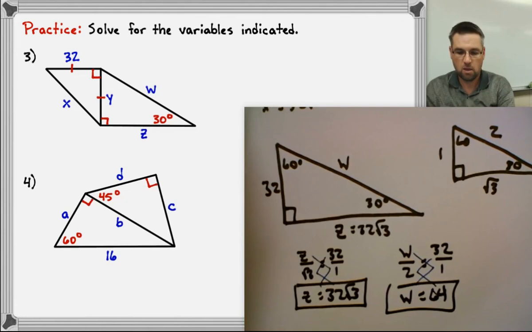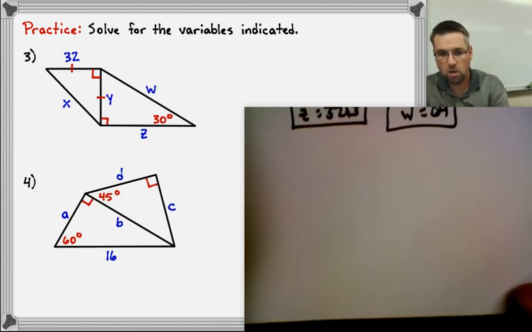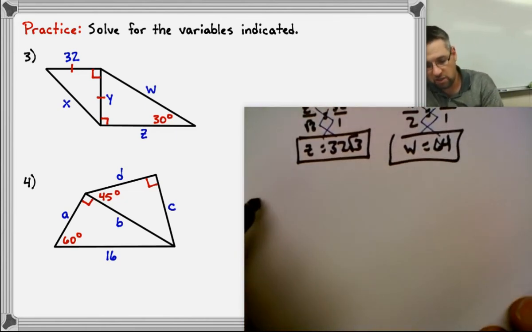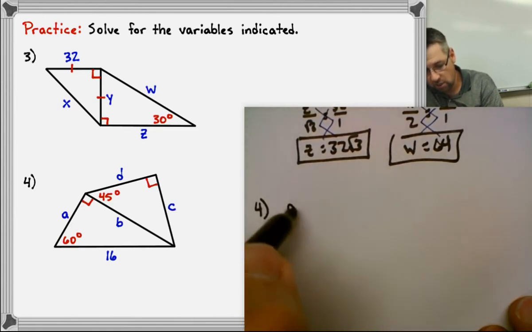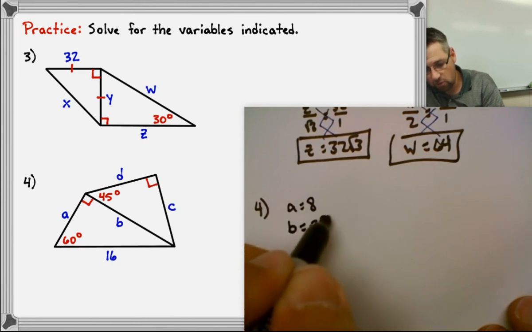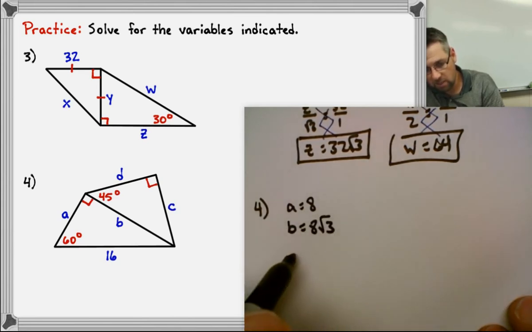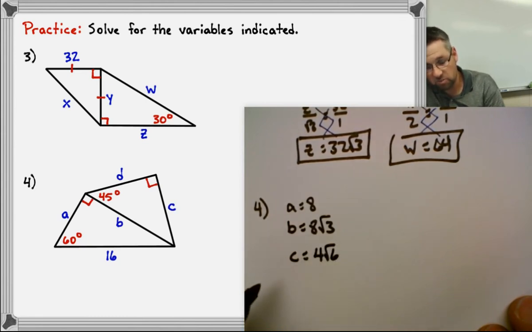Okay. All right, and for number 4, let me see if I can do some of these in my head. Let's see. A should be 8. B should be 8 radical 3. C is going to be 4 radical 6 when you simplify it all.